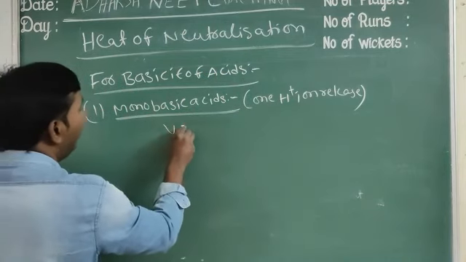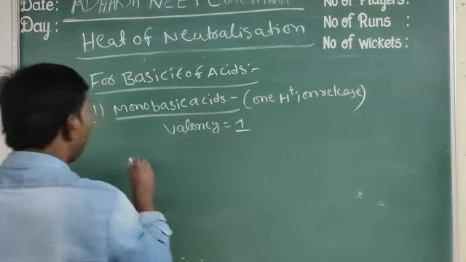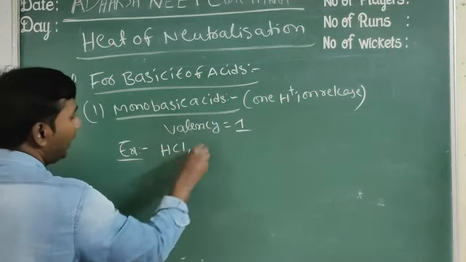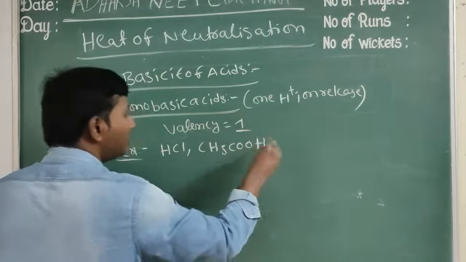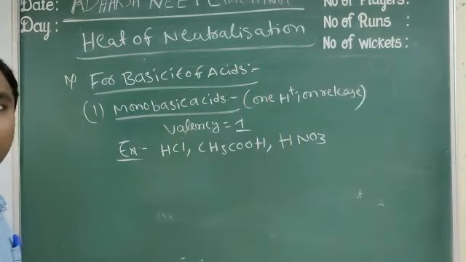That's why valency equal to 1. Okay, examples: HCl, acetic acid CH3COOH, HNO3, nitric acid.